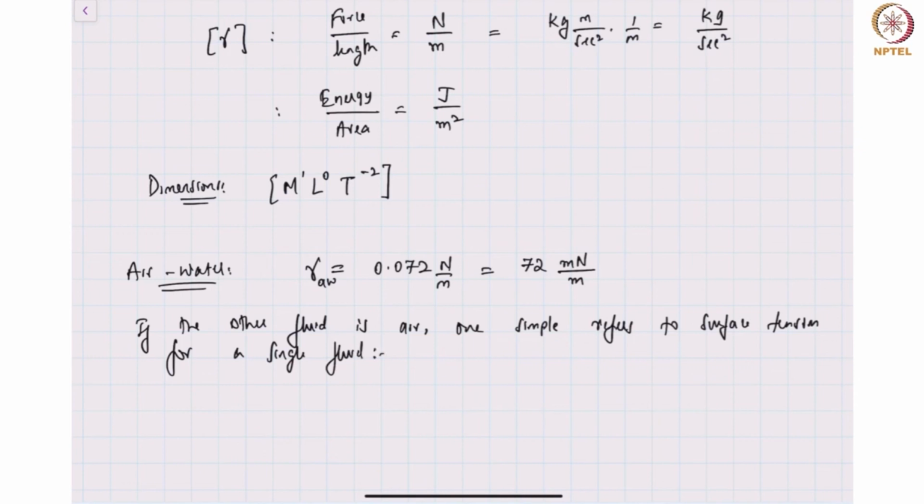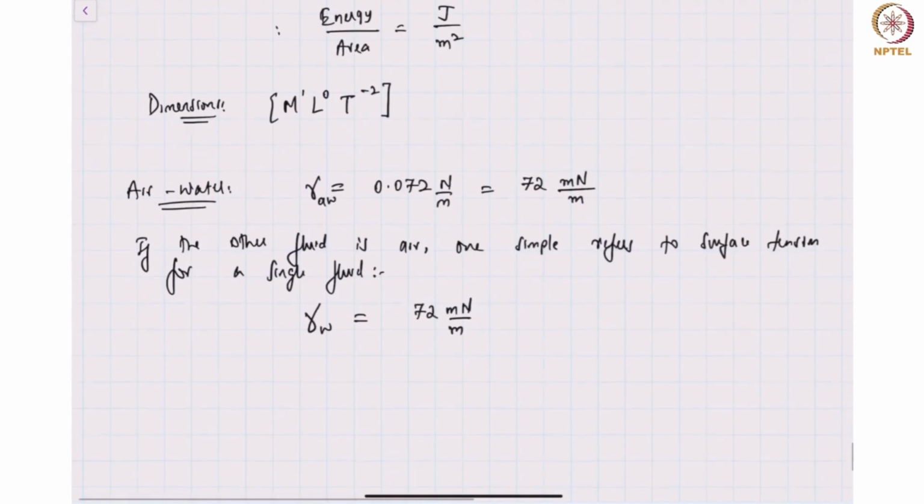Note that surface tension is a property of an interface between two fluids. If the other fluid is air, then instead of referring to it as an interfacial tension, where it's an interface between two fluids, you call it a surface tension. So it's all right to say the surface tension of water is 72 millinewton per meter. But strictly speaking, it's understood that the other fluid is air.